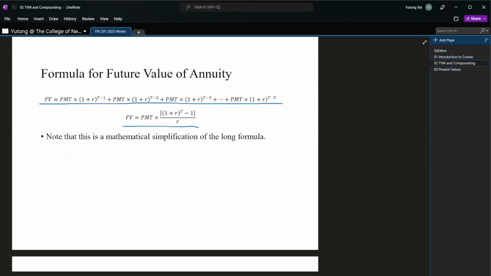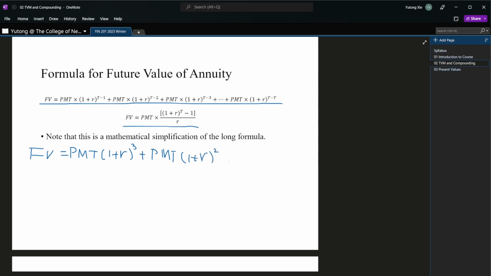Okay, so basically what I'm saying is, to put it in our context, the one on the top says the future value equals the payment times 1 plus R to the power of 3, right? So this is the payment you saved at the end of year 1, plus payment times 1 plus R to the power of 2.